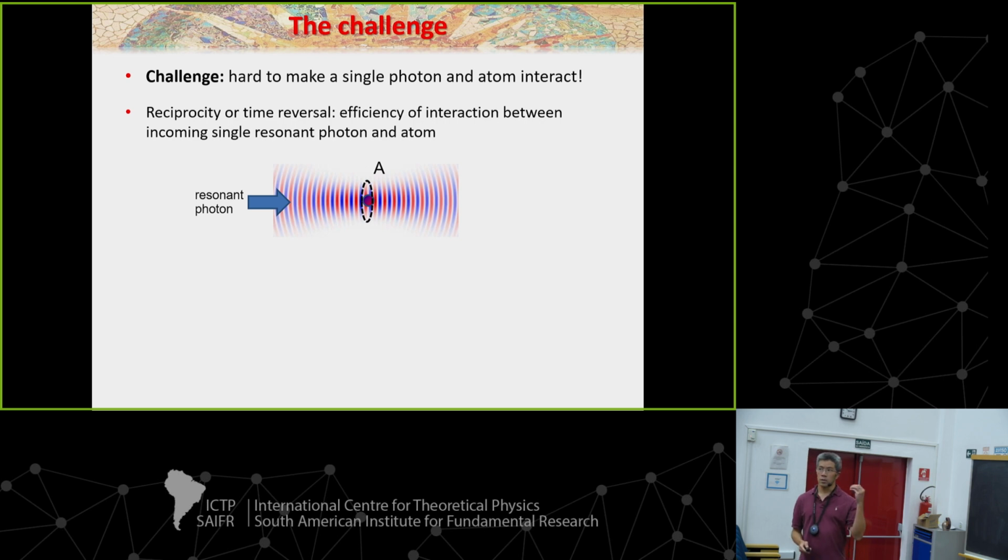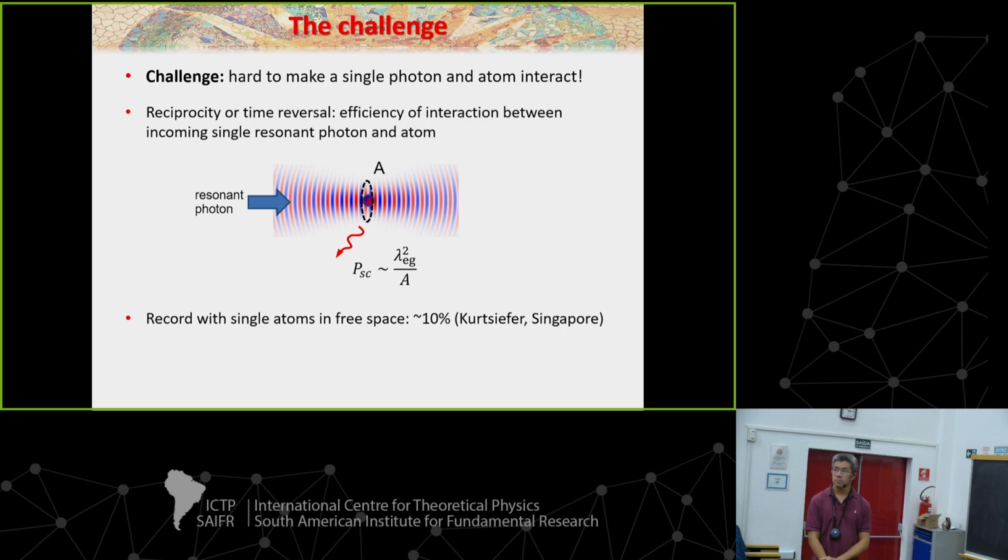And that same efficiency, lambda squared over A, also dictates the probability that if you send in a photon in that Gaussian mode, that one photon will be absorbed by that single atom in the first place. So again, the scattering probability or efficiency is also lambda squared over A.